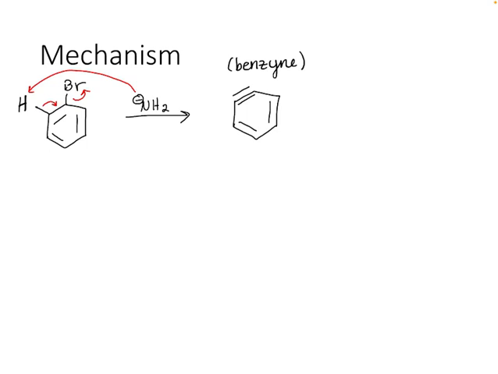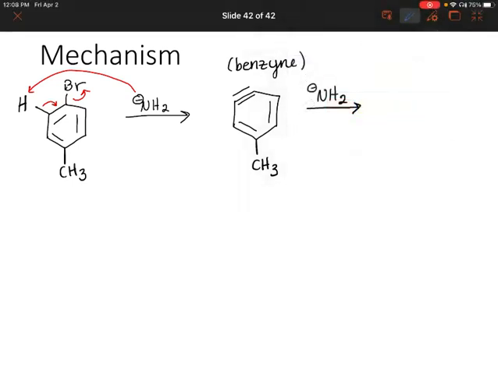So to show the two sides, I'm going to add a methyl group at the bottom here, just so we can kind of see the two different outcomes better. All right, so in our first possible product or possible reaction, NH2 could attack at the position to the right, and that's going to move pi electrons over to the carbon on the left of the triple bond.